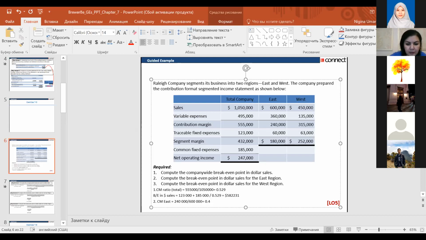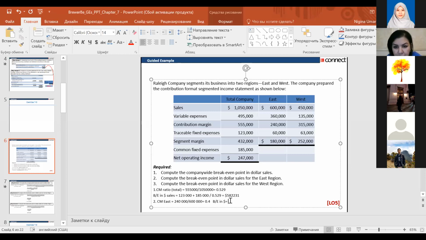And now the break-even point in dollars for this segment, for this division. Fabrianti, Rachma, who was telling? Break-even point is fixed cost. Yes.